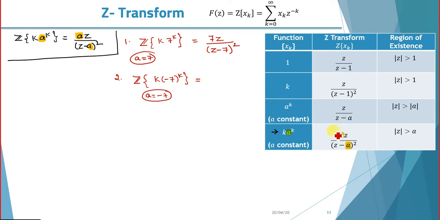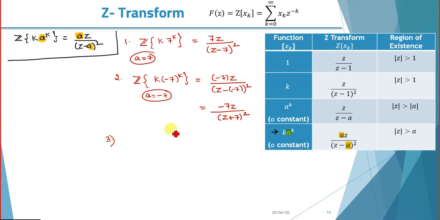So use it here: minus 7z over z minus the value of a, a is minus 7, squared. So it becomes minus 7z divided by (z plus 7) square, since minus minus becomes plus. It's simple. If it is plus a, up it is positive and down it is negative. And if it is minus, up it is negative and down it becomes positive, like this.